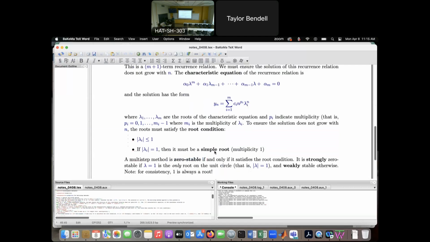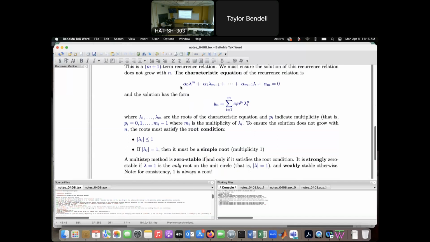Now, I don't show it here, but it can be shown that if your multi-step method satisfies the root condition, then it is also stable in the sense of the way that it defines stability last class, where a change in initial data leads to a bounded change in the solutions for all n. So fortunately, for multi-step methods, making sure we're stable in that sense is very easy to check.